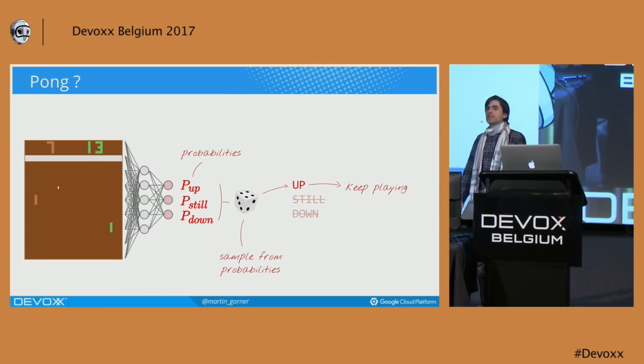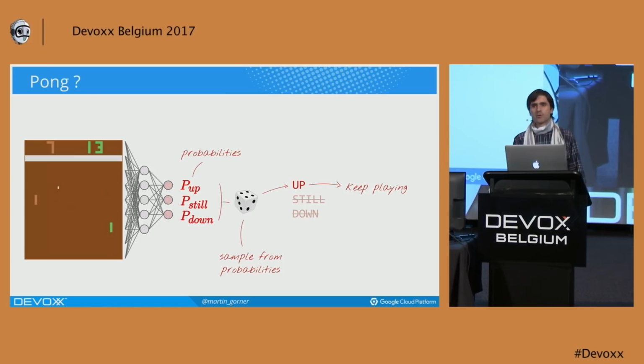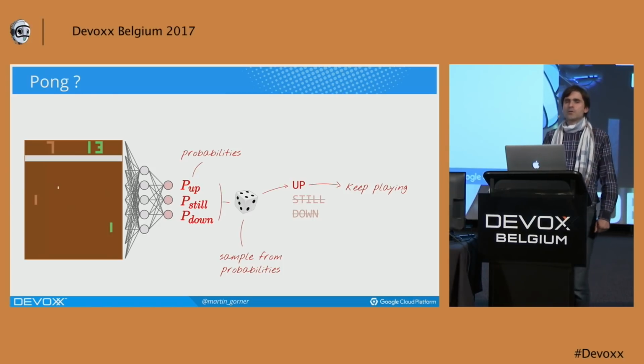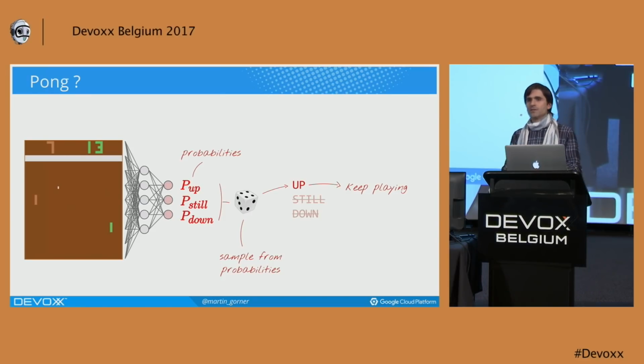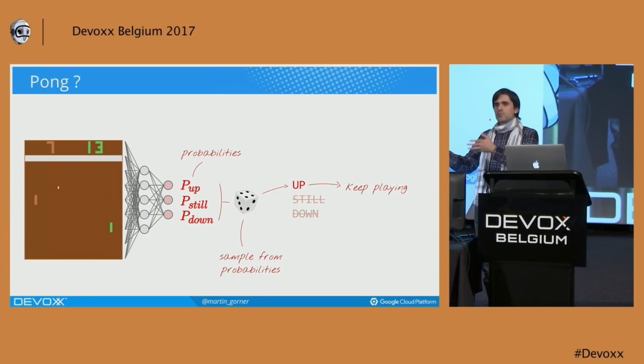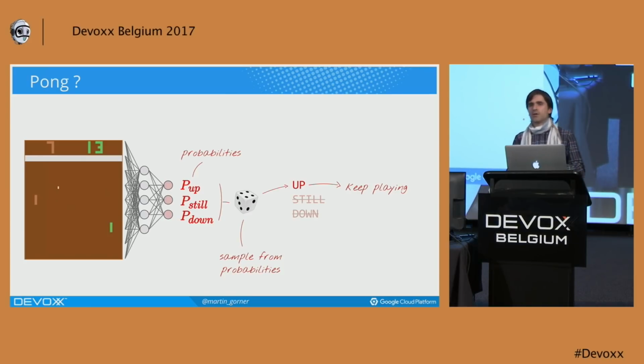Once we have those probabilities, we will sample from them. What does it mean, sampling from probabilities? Well, that means rolling a loaded dice that will produce a random output, but not completely random, according to the probabilities that were computed. So if P up was super probable, it's P up that will come up most of the time.